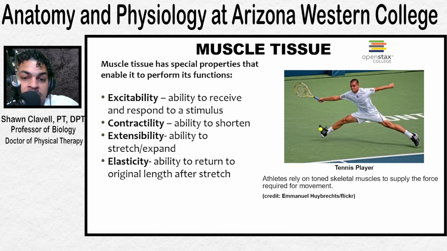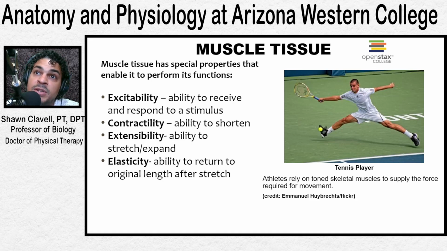While the nervous system can influence the excitability of cardiac and smooth muscle tissue to some degree, skeletal muscle tissue is completely dependent on signaling from the nervous system to work properly. On the other hand, both cardiac muscle and smooth muscle tissue can respond to other stimuli, such as hormones and local stimulus.